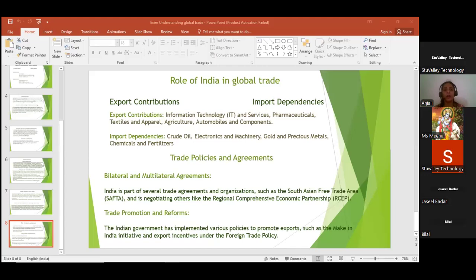First, let me tell you about information technology and services. India is a global leader in IT businesses, and there are many BPOs, that is business process outsourcing, that is customer support. Many people are working in BPO sectors, in companies like Tata Consultancy Services, Infosys, Wipro.